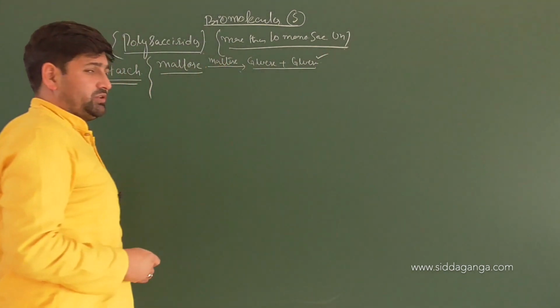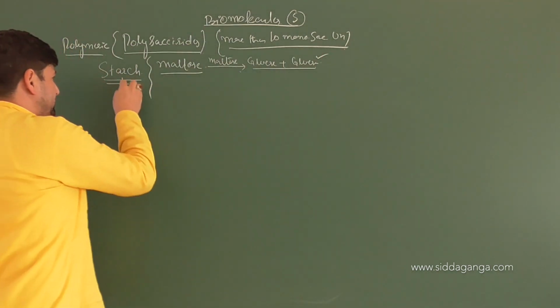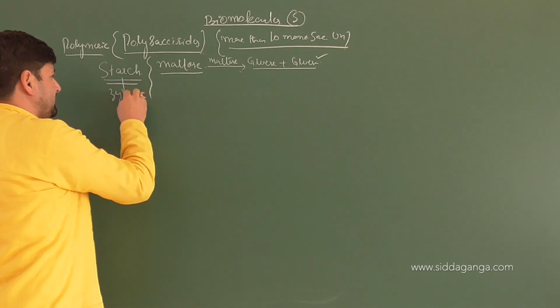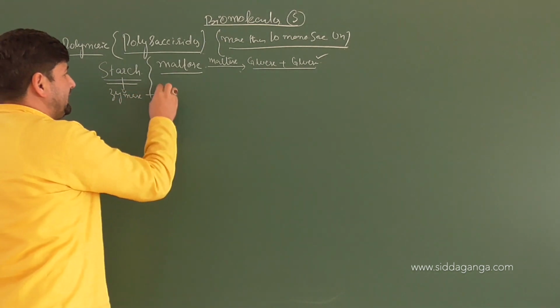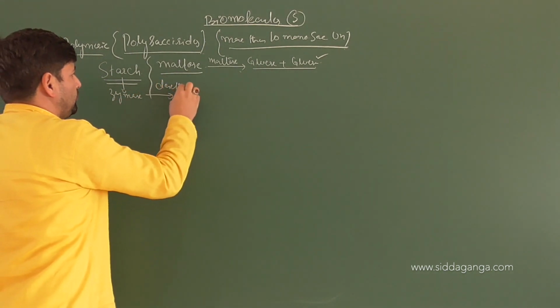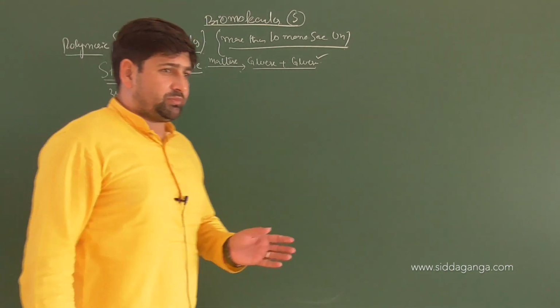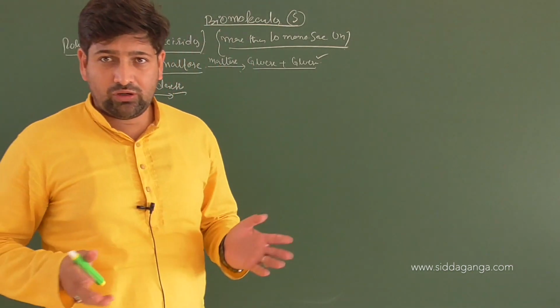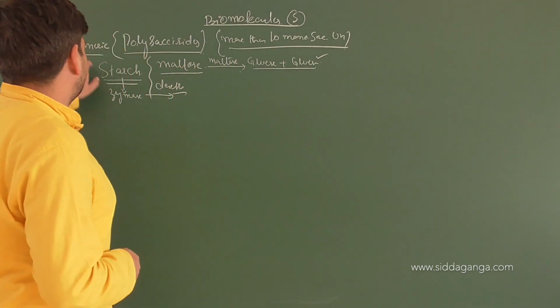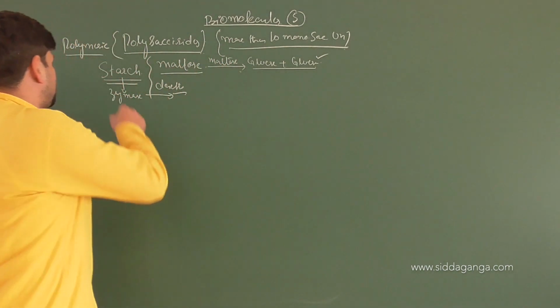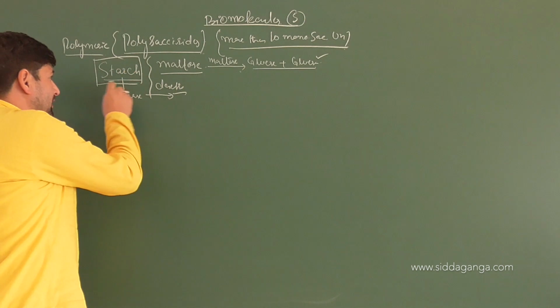Starch can also be acted upon by zymase, and we get dextrins. What are dextrins? Actually, these are multiple subfragments of the longer polysaccharide, which in the present case is starch.